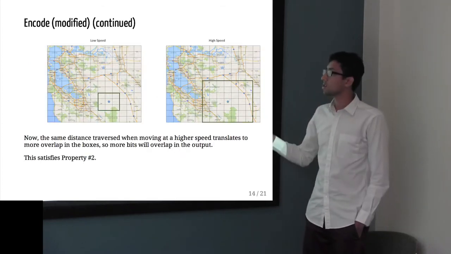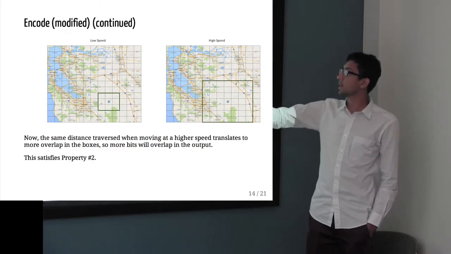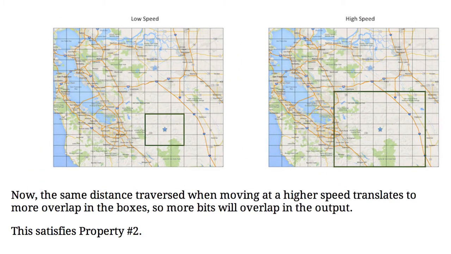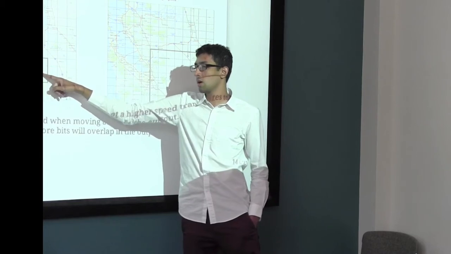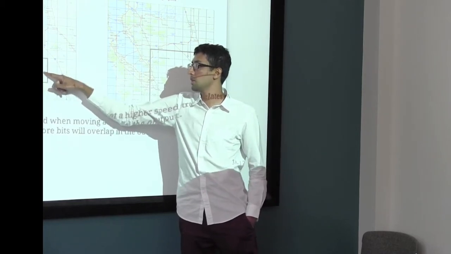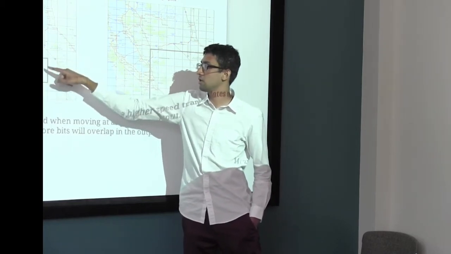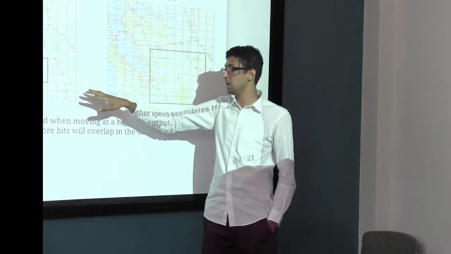Next slide. So how it works in this example is, if you had a low speed, you draw a small box around the position. If you're going at high speed, for the same position, you have a bigger box, which means you're considering more squares as candidates for your encoding. So note that if you were to move one square over at low speeds, the 2 boxes would overlap, but not by that much.